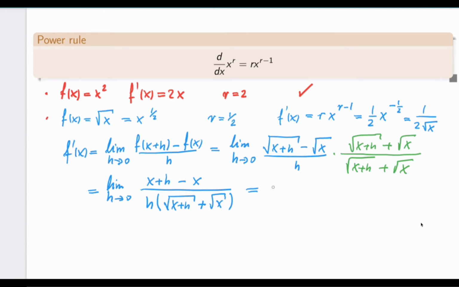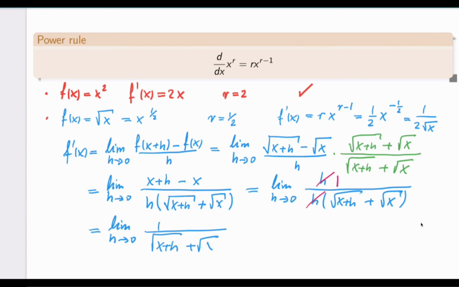But then the x terms cancel in the numerator. Limit h goes to 0, and we get h divided by h times root of x plus h plus root of x. And then the h's cancel, and we keep a 1 here.